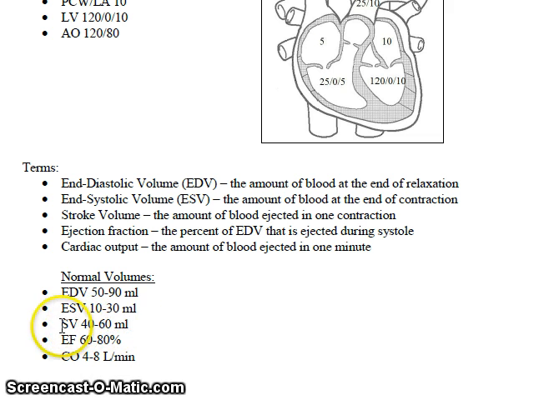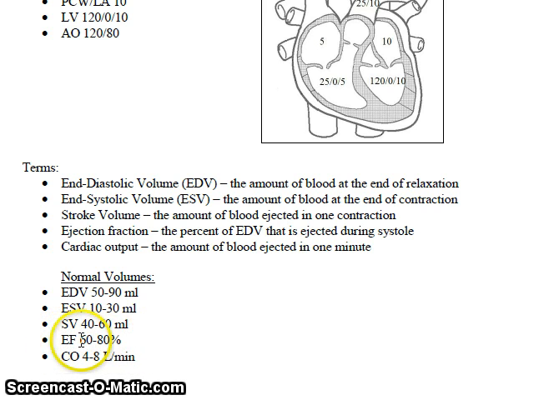Therefore your stroke volume is going to be your EDV minus your ESV. If you take what was in there to begin with and subtract what's in there at the end, that gives you how much blood was ejected from the left ventricle.